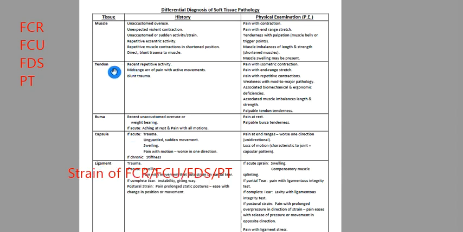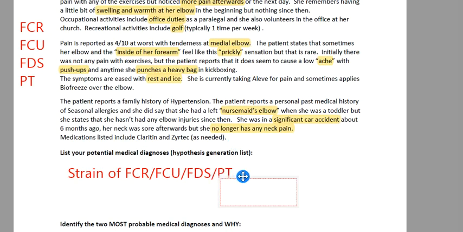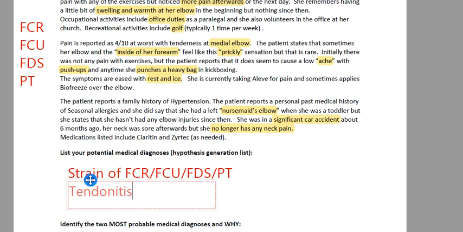And then you look at a tendon as well. So in addition to this, you could have a tendonitis of FCR, FCU, FDS, etc. This would obviously be a proximal tendonitis as opposed to a distal tendonitis.